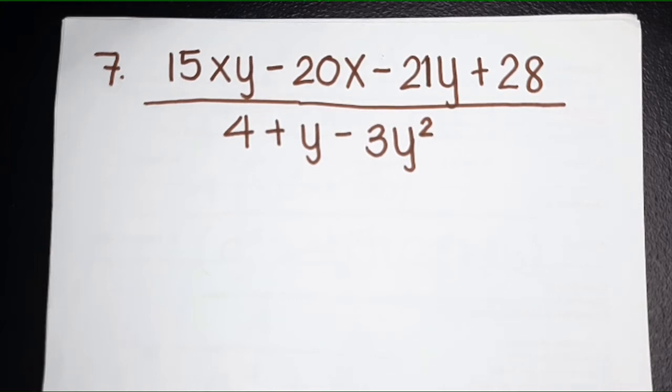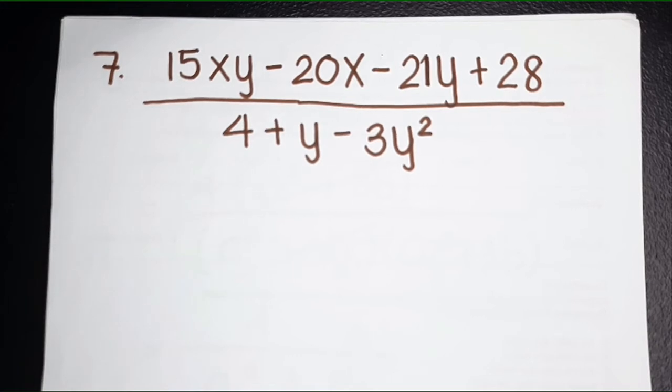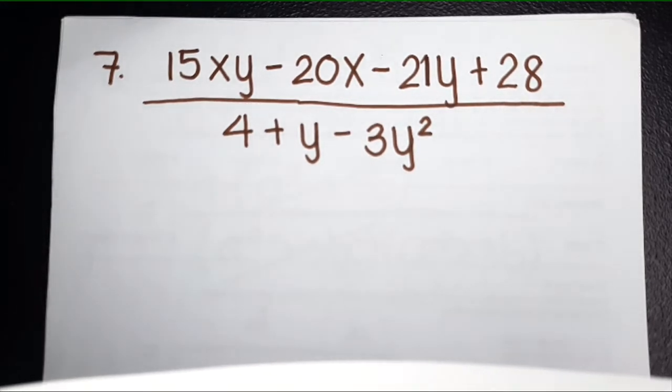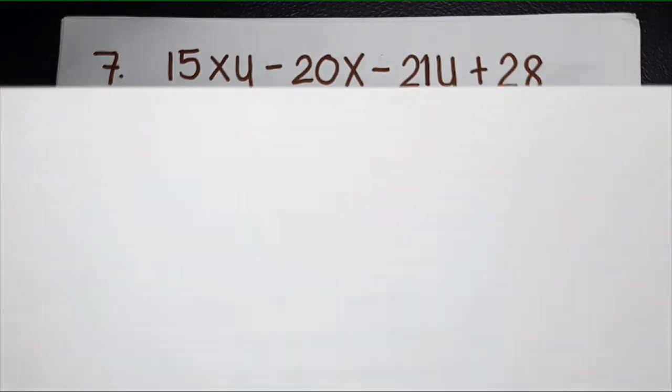And then in the denominator, you have a trinomial again. Okay? So, usually naman kapag 4 terms, you may want to try factoring by grouping. And we're going to do that.